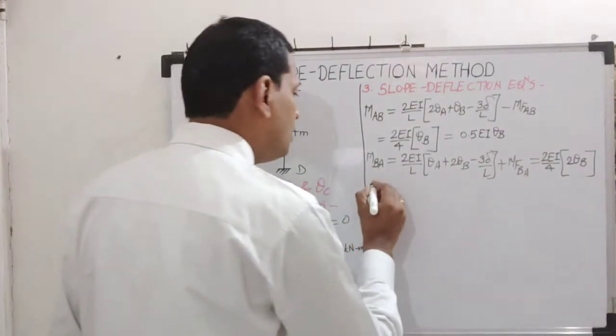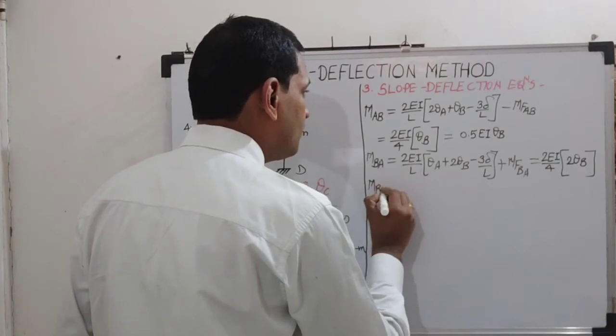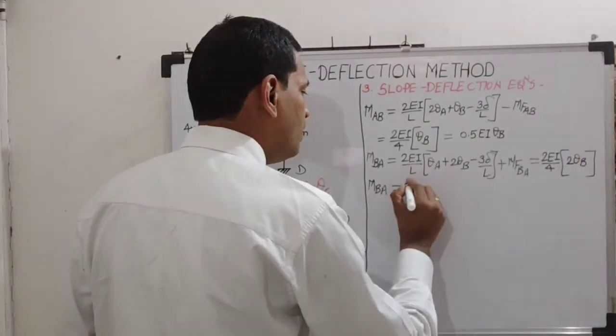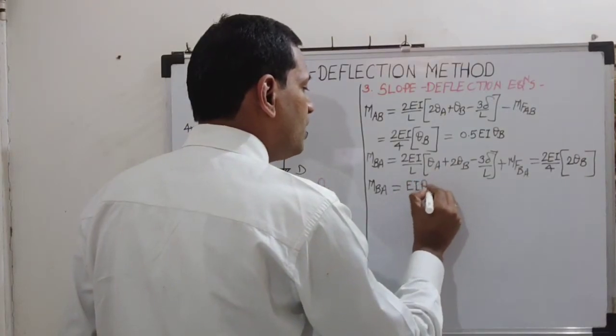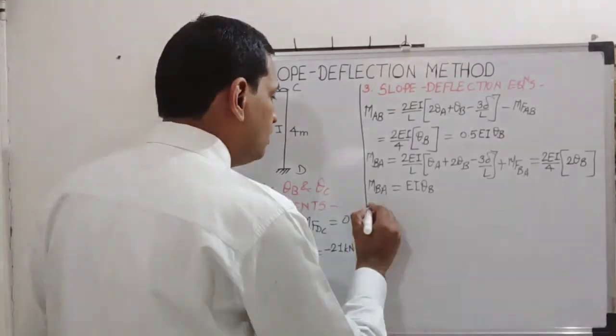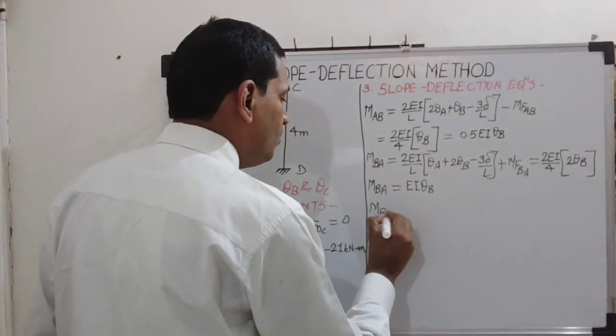So the MBA equation is 2 into 2 is 4, 4 by 4 is 1. So it is EI theta B. Simple.